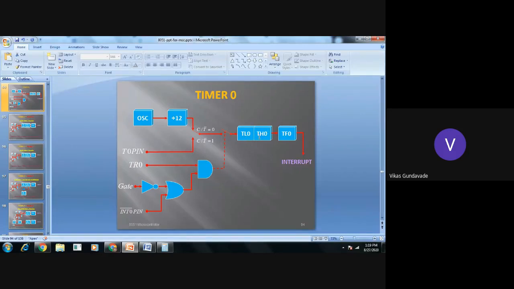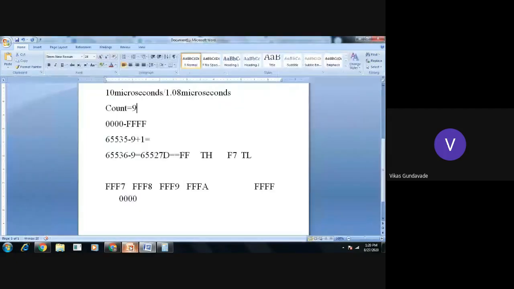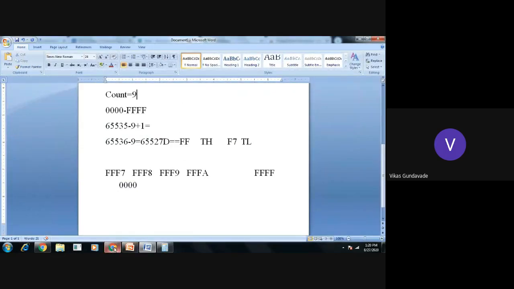When this count overflows, it will set the TF bit of the TCON register and generate the interrupt. Once the interrupt is generated, whatever subroutine is to be executed will get executed. So everyone got it? How the timers are working and how the time is calculated in the timer?